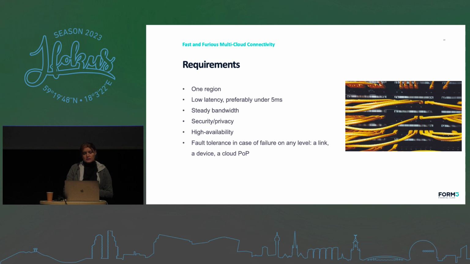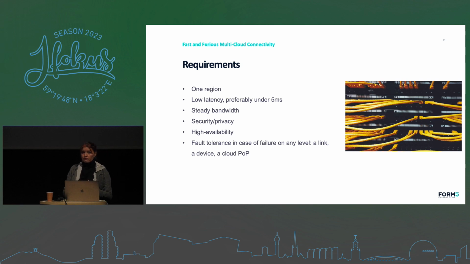So when it comes to details, we focus only on a deployment in one region. We want this low latency, as I mentioned, with CockroachDB and NATS being clustered across 3 clouds. So our goal was to have latency under 5 milliseconds. Obviously, we need steady bandwidth.